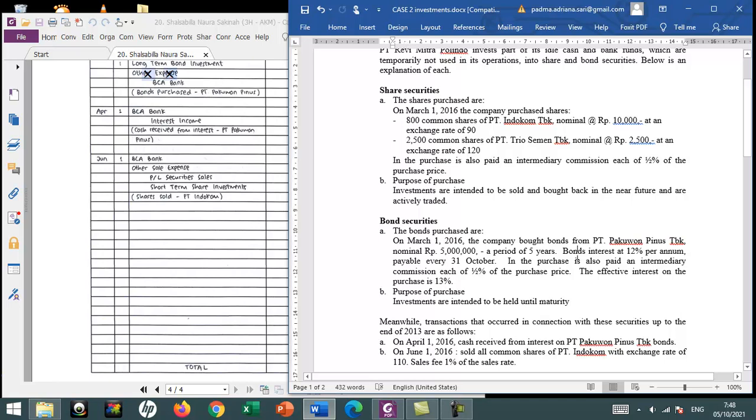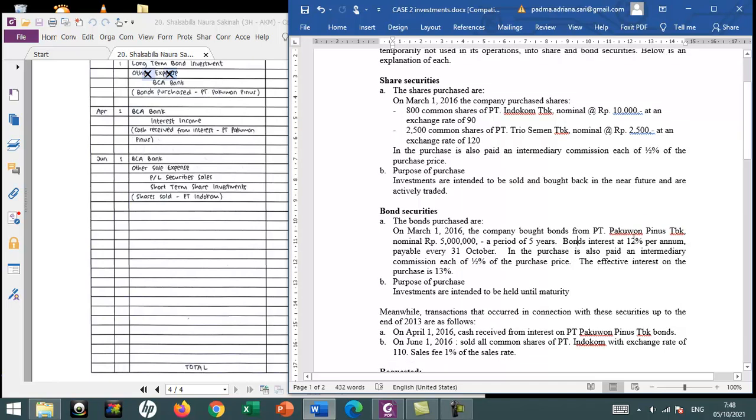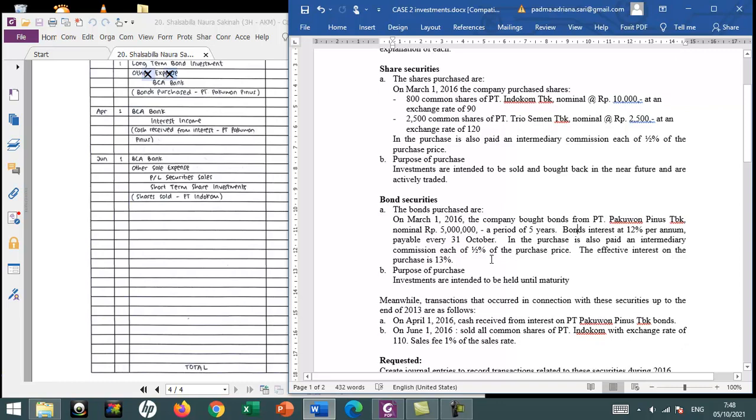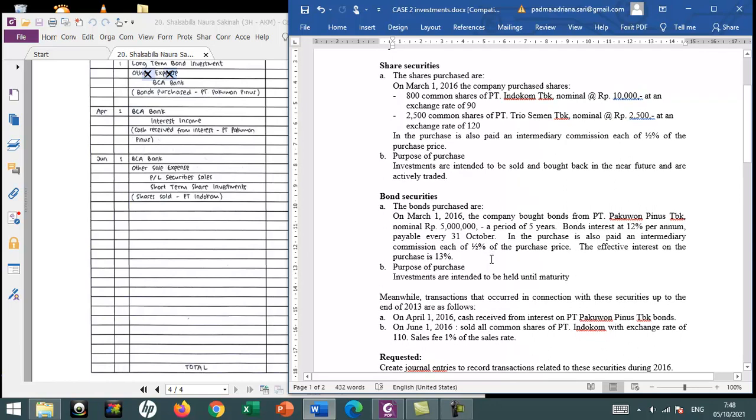Here we can read it here. Bond interest at 12% per annum, payable every 31st October, right? So we need to record the bond interest in 31st October.